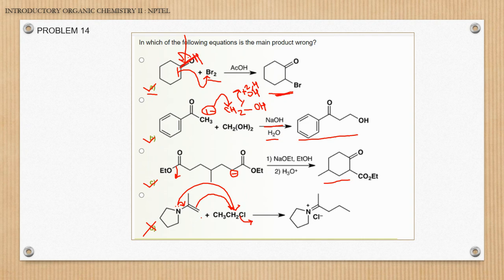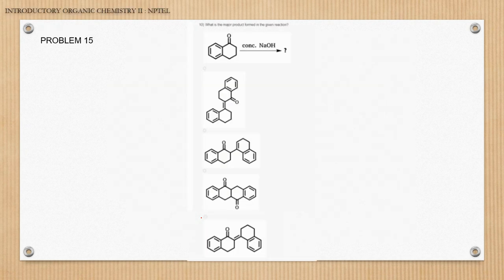Okay, so going to problem number 15. Guys, this would be the last problem of today's tutorial. They are asking you the major product formed in the given reaction. Again, you have to identify the product.